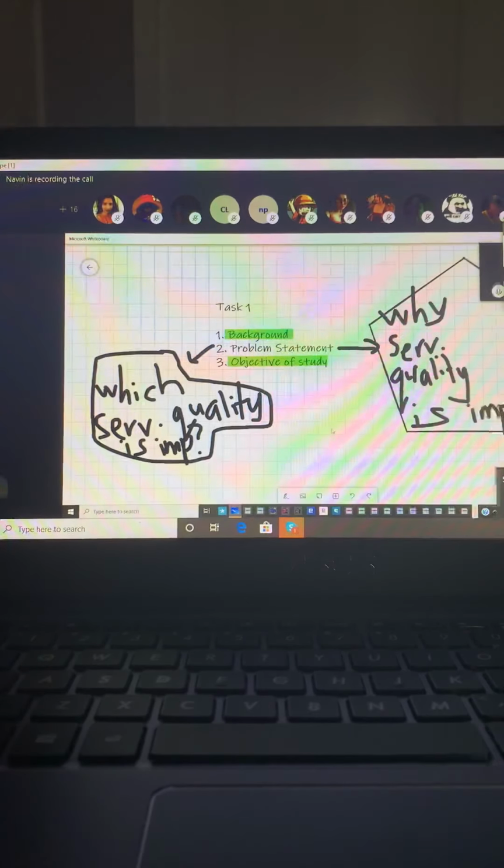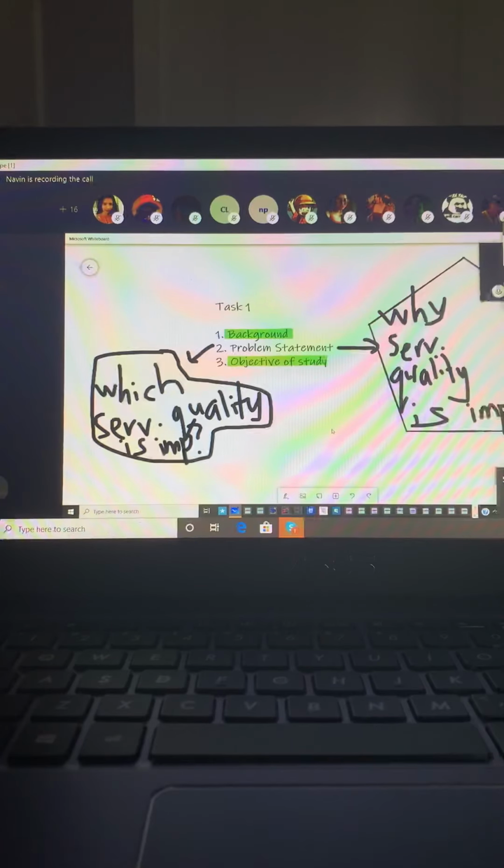Okay, so just to do a quick recap, your assignment is about you are actually a business consultant. Your customer, they want to open a new branch. I repeat one more time, your customer want to open a new branch. So you as a business consultant, you're going to give advice on which one they need to focus so that they can do the business plan.